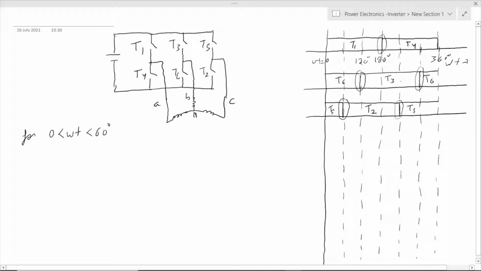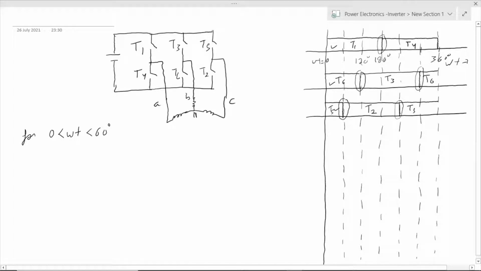In this interval, to which thyristors are we giving the pulses? It is T1, T6, and T5. Those to which we are giving the firing signal will be on and the others will be off.